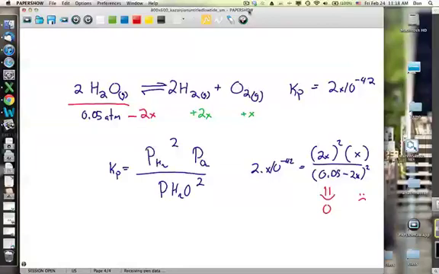If we look at this equilibrium constant, what we see is that we've just said that this reaction really heavily favors the starting materials. So what does that tell us about the relative magnitude of x? X, the change, the amount consumed, is going to be small.